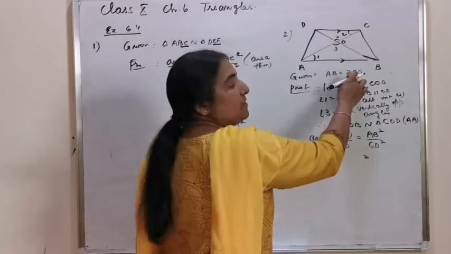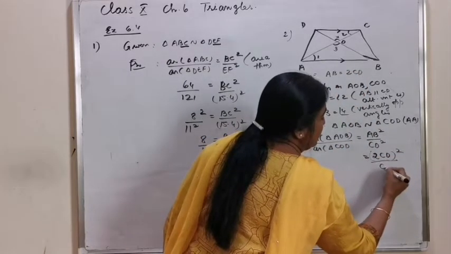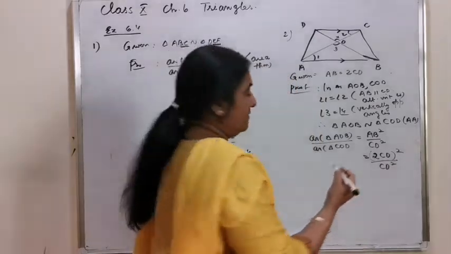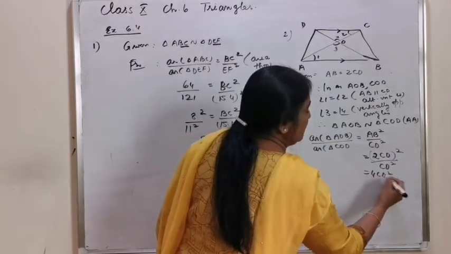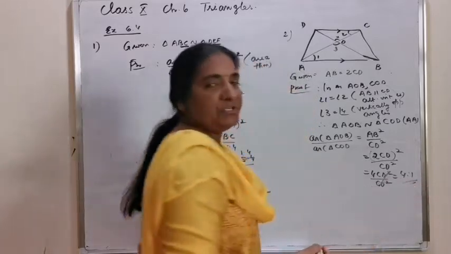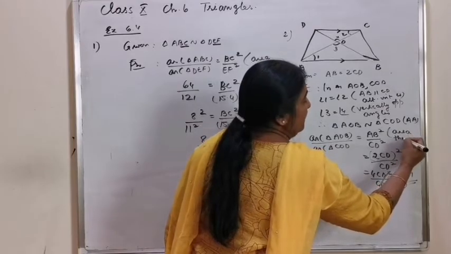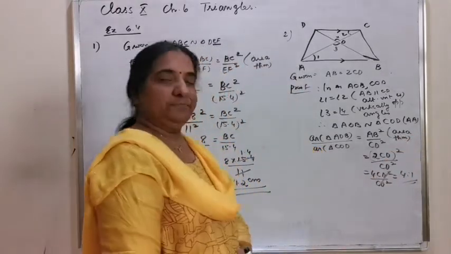Replace AB with 2CD: 2CD the whole squared by CD squared, which is 4CD squared by CD squared, so the answer is 4:1. You can mention that it is based on the area theorem.